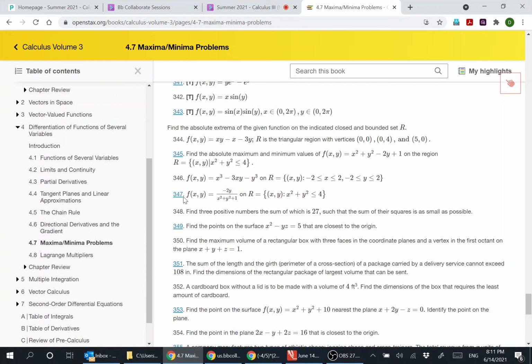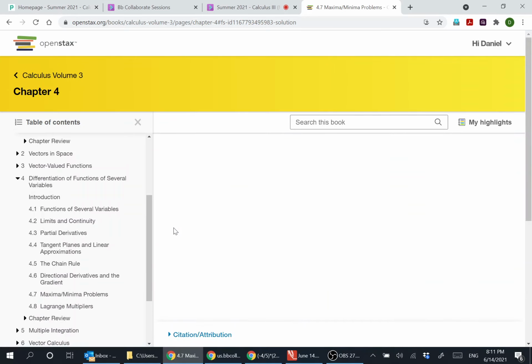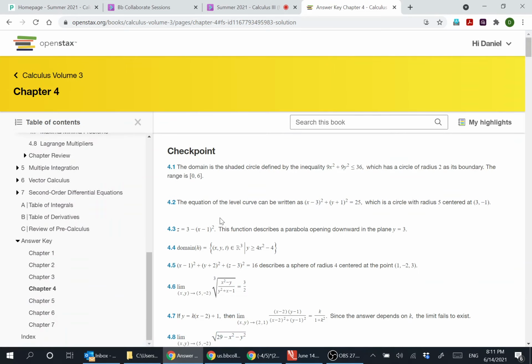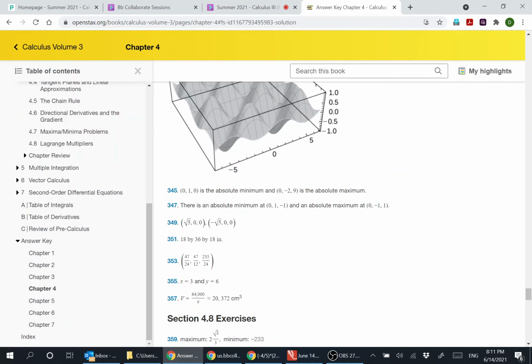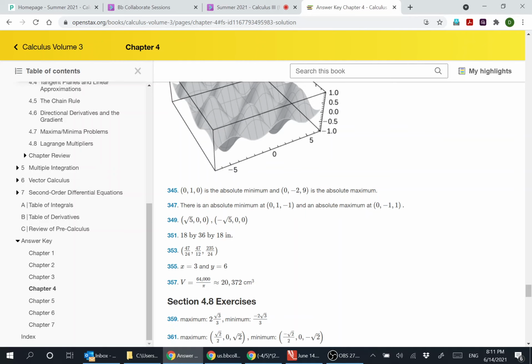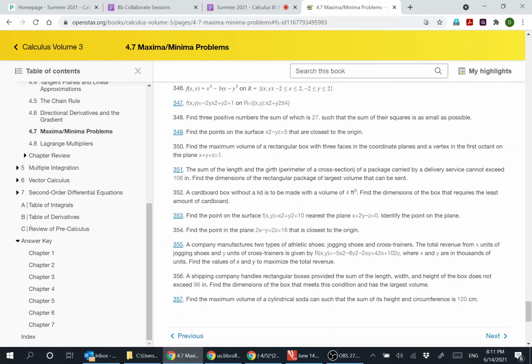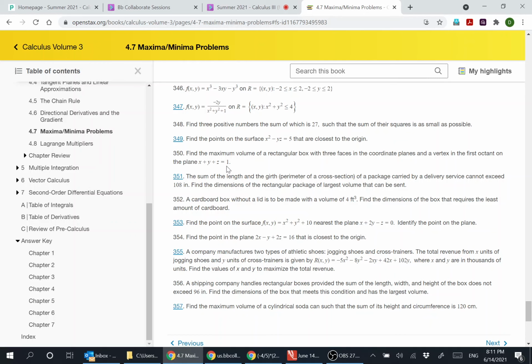All right, so is that an odd numbered problem? Yeah, 349, so you can check that in the back. There it is. Root 500 and negative root 500. Takes you long enough to load up. Gosh.